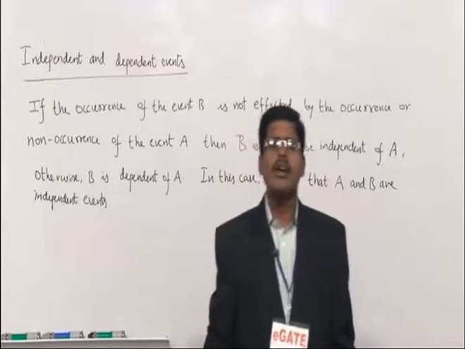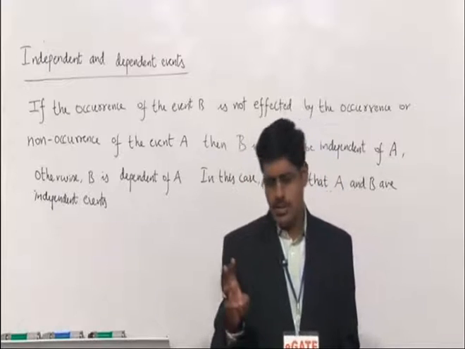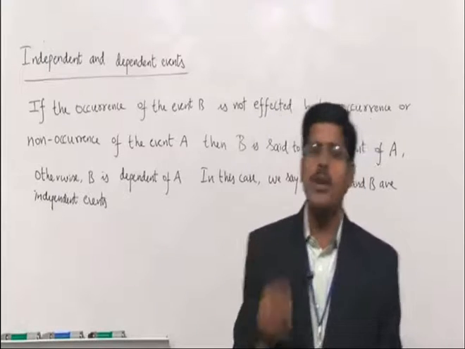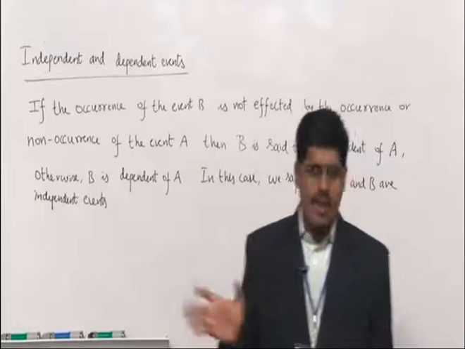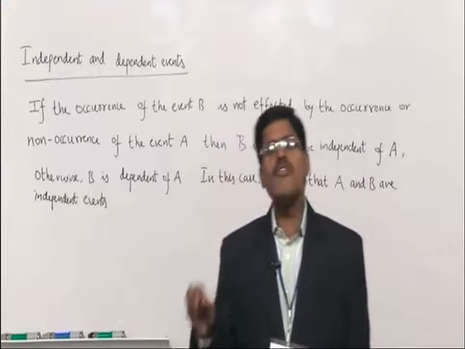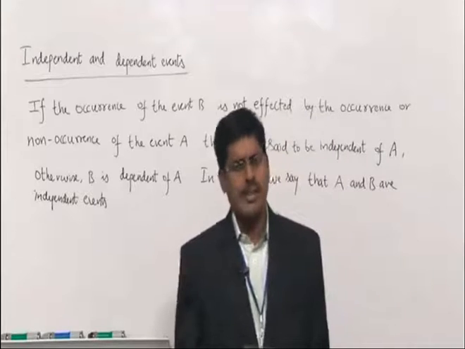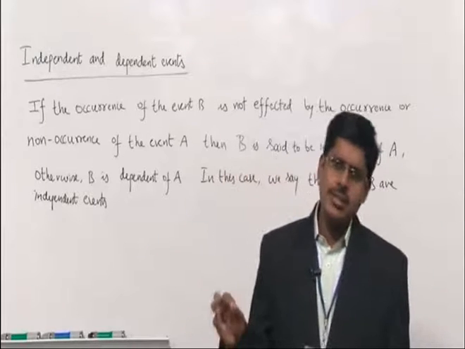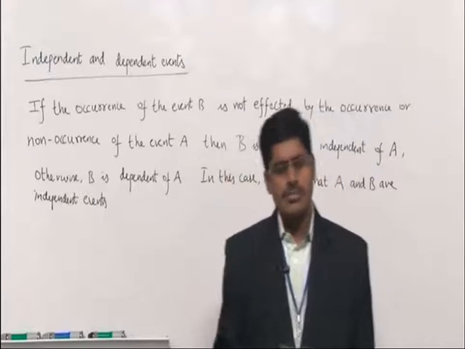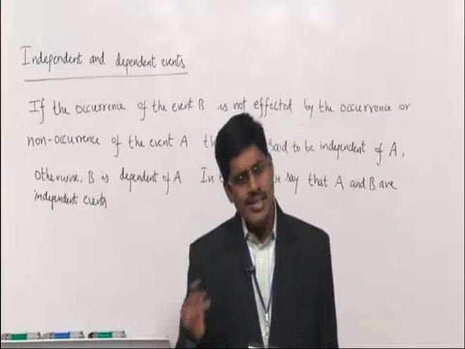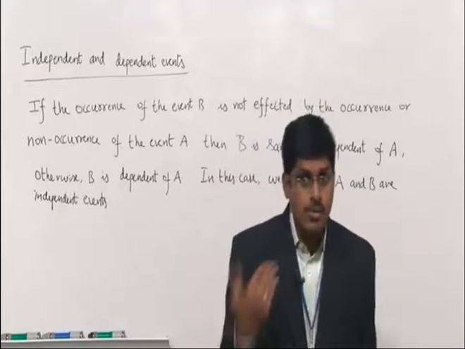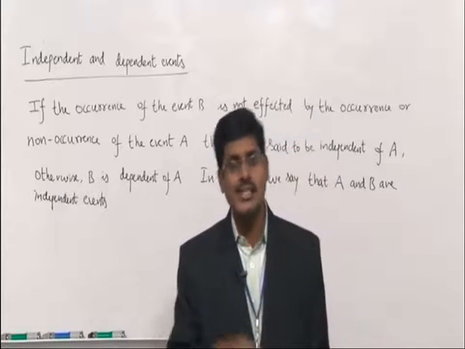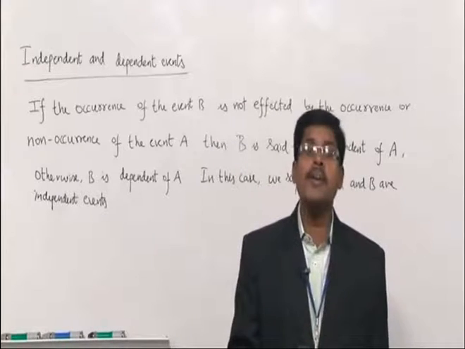Next, A and B, that is, a man and a woman appear in an interview for two vacancies in the same post. The probability of the man's selection is 1/3 and the woman's selection is 2/5. Okay, in such cases they are appearing independently, that is, they are going for the interview independently. In that case, man and woman are called independent events.